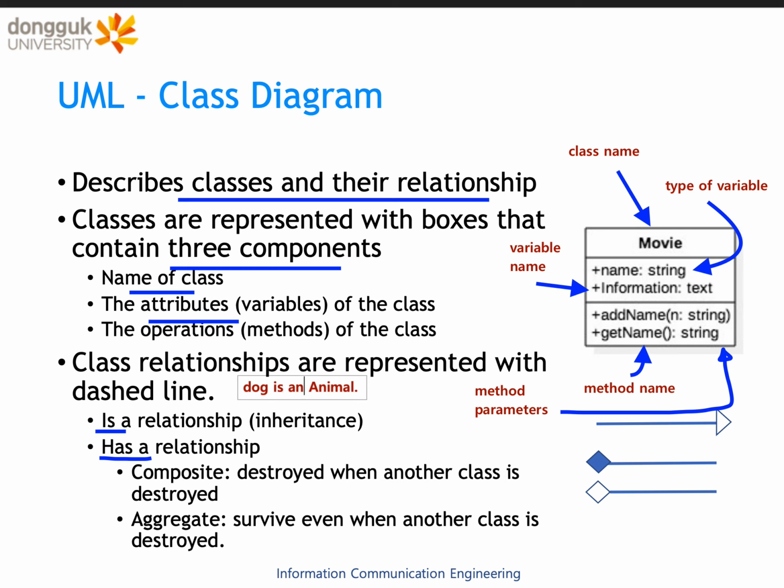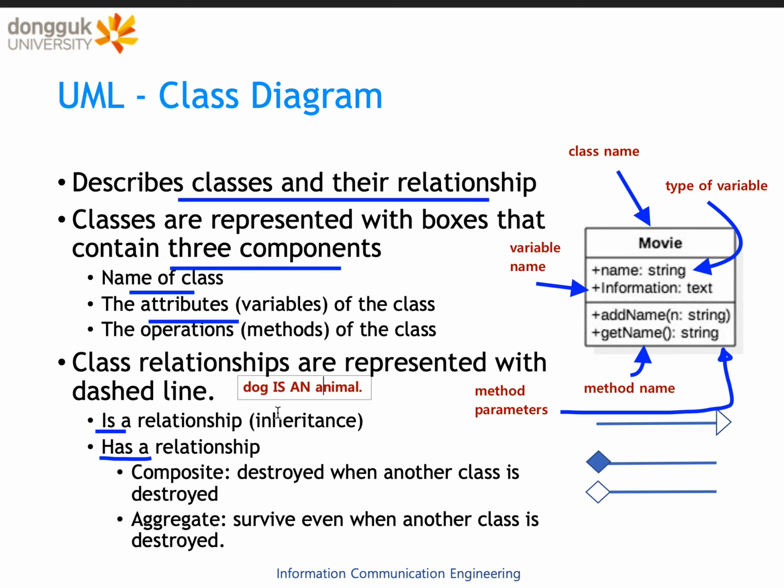Okay, so a dog is an animal. Okay, there is the is-a relationship. As you can see here, dog is a special thing, and animal is the more general thing. So when you mention a special thing and a general thing together, you can describe it using the is-a relationship.